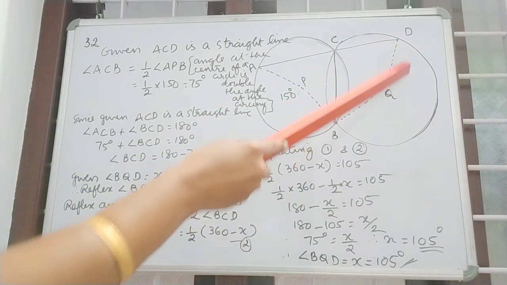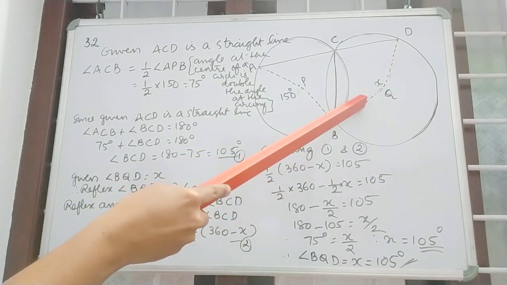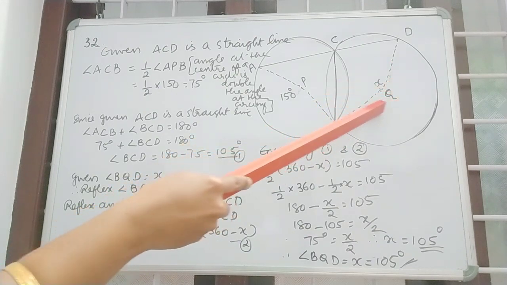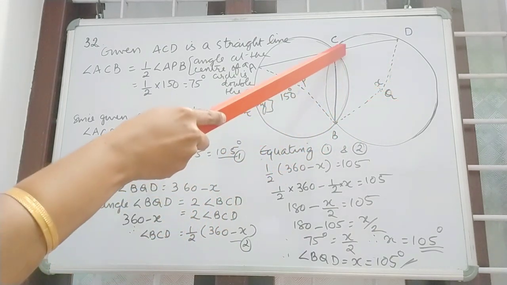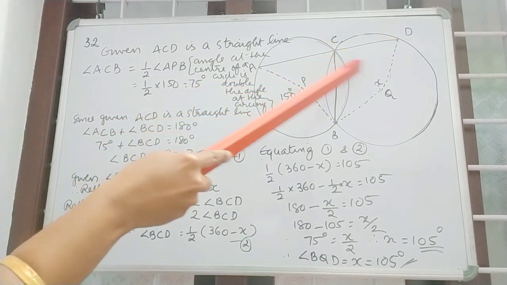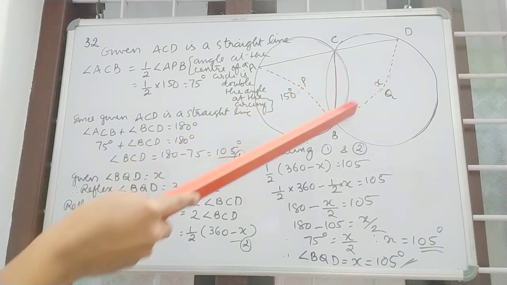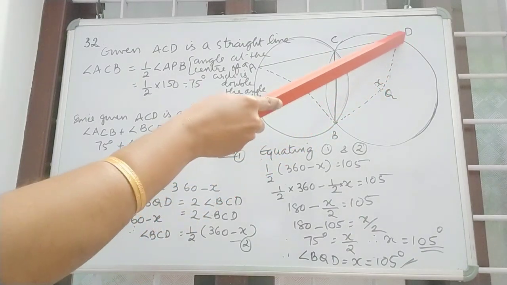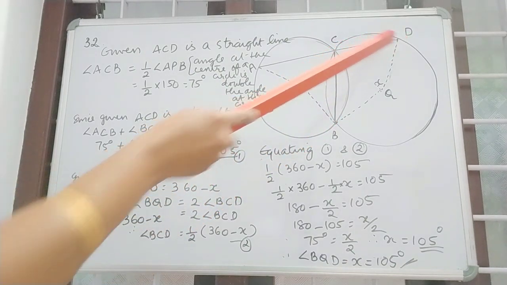So the reflex angle of BQD will be equal to 2 times angle BCD. That is, the angle at the center of the circle is double the angle at the circumference.